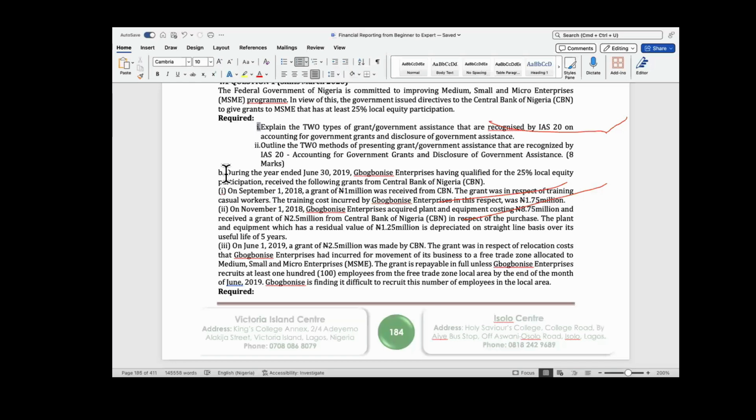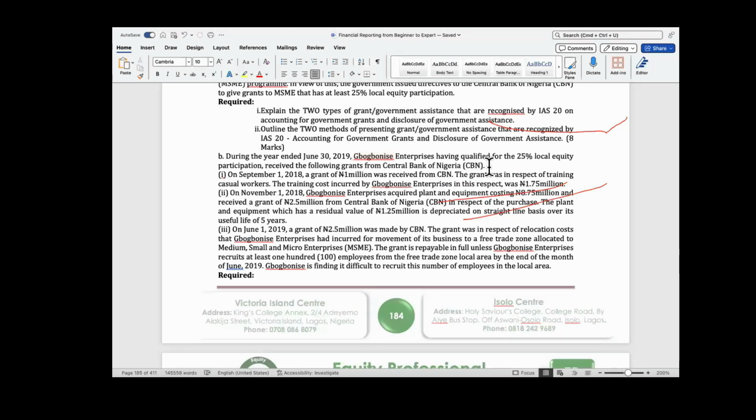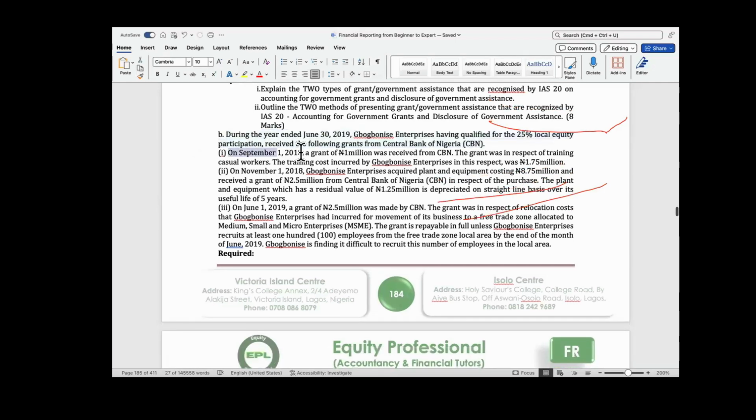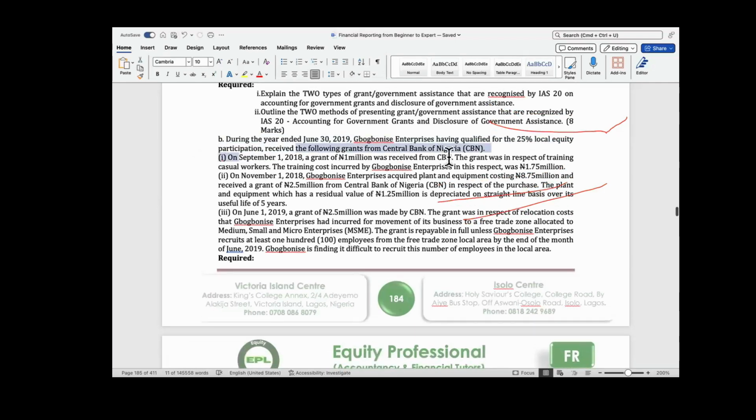So the B part is saying that during the year ended June 30th, 2019, Bugbonishe Enterprises, having qualified for the 25% local equity participation, received the following grants from CBN. So this guy qualified. Let's see the grant they gave him. On September 2018, a grant of 1 million was received from CBN.